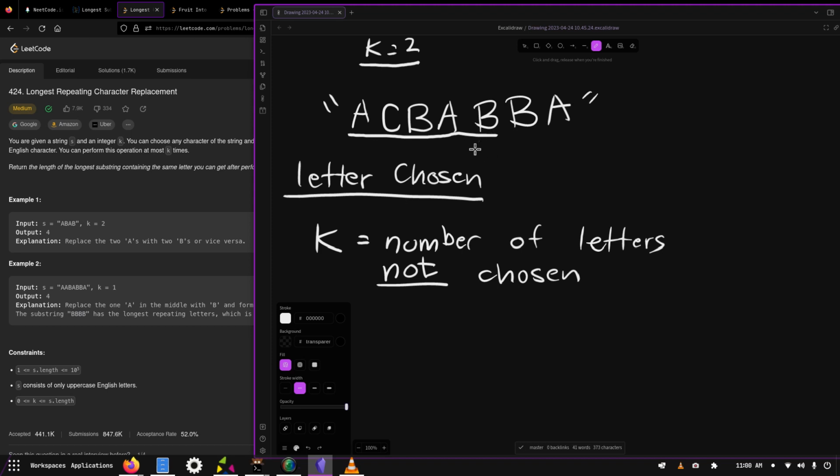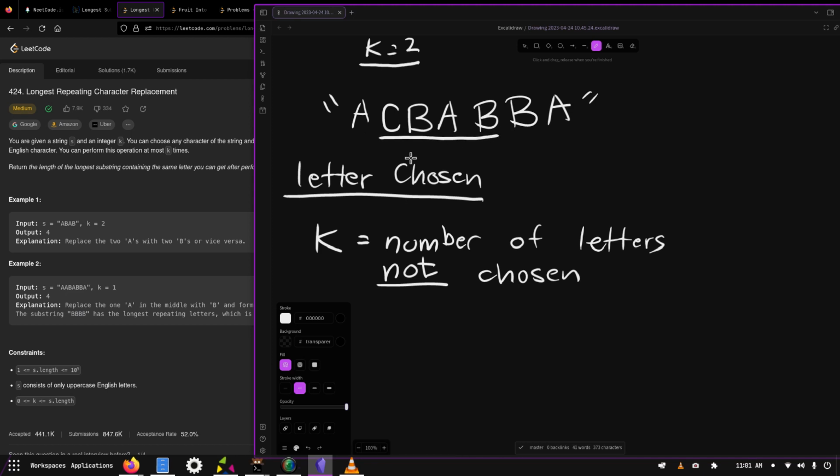Well, right now, if we were to choose B, we would need 3 replacements. If we were to choose A, these are both our most frequent letters. We would also need 3 replacements. Therefore, we have to decrement the sliding window such that it only includes at most 2 other characters that are not the character we are choosing, and I think in this case it should be B. So we will decrement it to here.